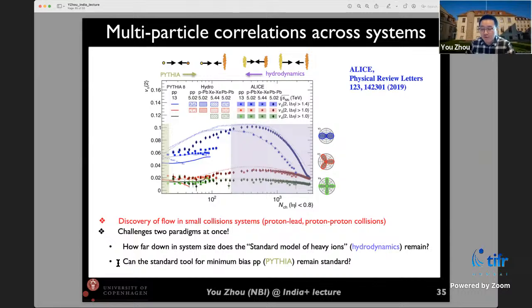In addition, we want to understand whether the standard tool for minimum bias pp, our PYTHIA model, remains the standard for high multiplicity pp events. I would just like to remind you that these pp events are the top 0.1% most central collisions in proton-proton collisions. And it's really nice to see that our standard tool, the PYTHIA model, actually fails quite a bit in describing these ALICE data.